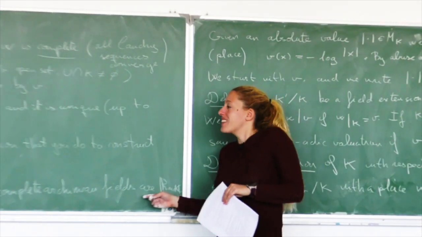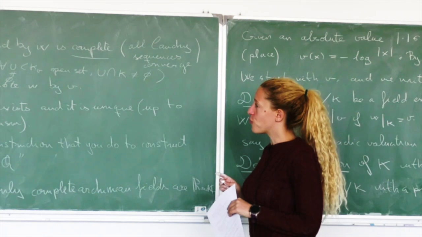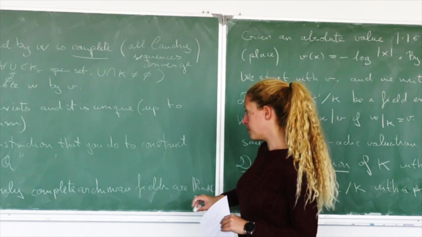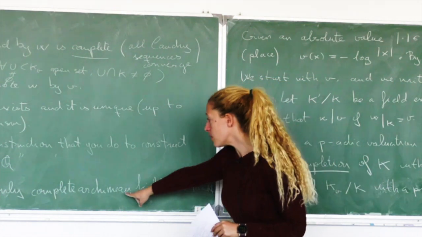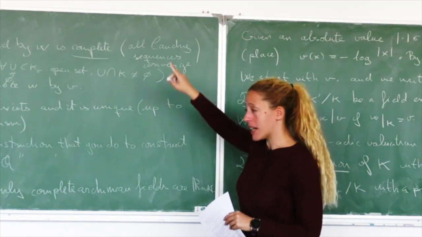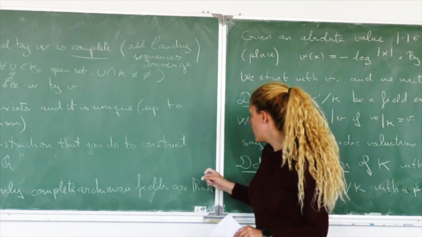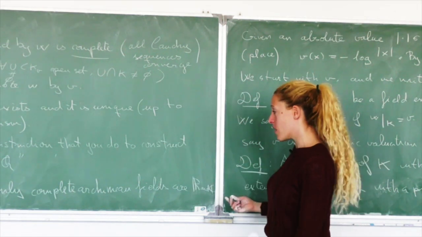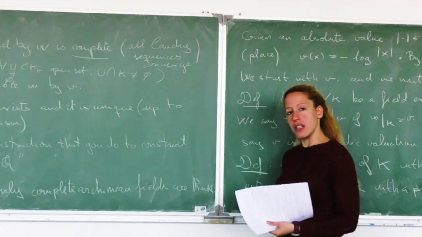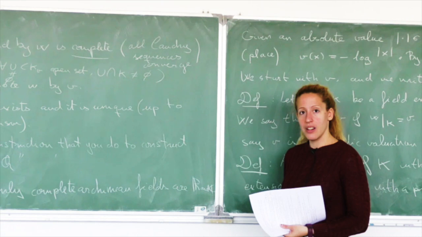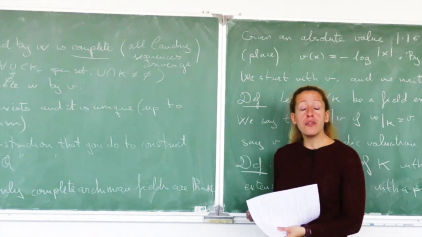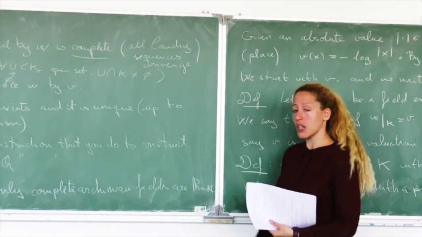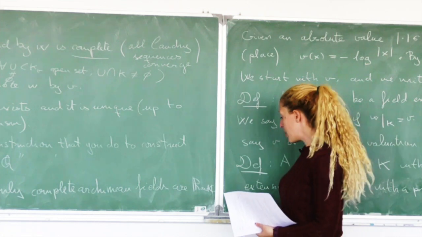Because that means that if you have a field K and your field K has a valuation V that is Archimedean, then the completion can only be the reals or the complex numbers, because those are the only complete Archimedean fields. So this is very strong. That means that if you have a field that has an Archimedean value, it has to be a subfield of the reals or of the complex numbers. And we can even say more.